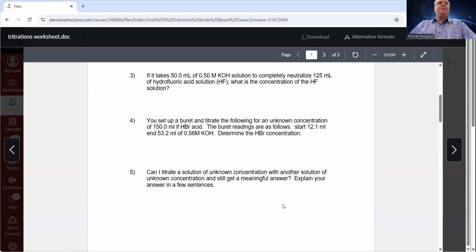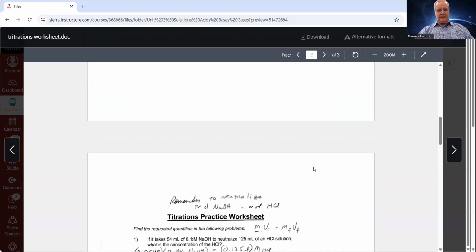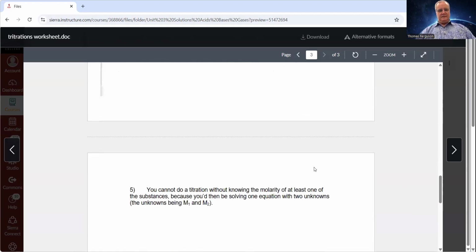Question here, remember there are 4 variables. And you have to have 3 of the 4 variables before you can calculate anything. Oh, and there are the answers, of course, like I always like to.